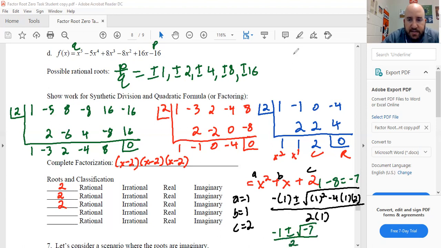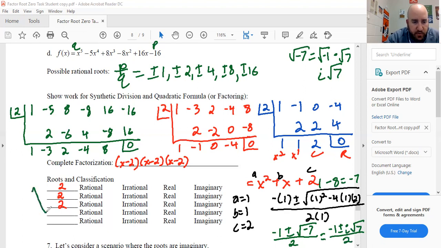Now for the square root of -7. That's that negative square root talked about back at the beginning of the year. So I know it's going to be an imaginary number. Break it up. Negative square root of 1, square root of -1, excuse me, times square root of 7. Square root of -1 is i. 7, I can't do a factor tree, so it's just going to stay the square root of 7. So this is -1 plus or minus i square root 7 over 2.